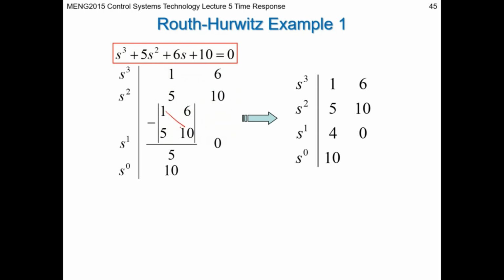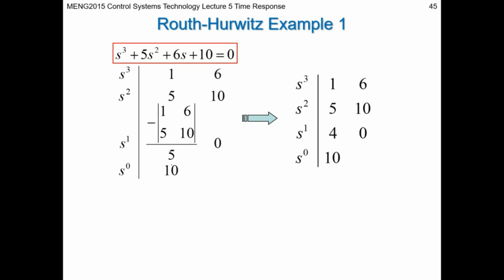So if we multiply this, it's 10 minus 6 times 5, which is 30. That's going to give us minus 20, divided by 5 is 4. But there's a negative sign here, so it's going to end up being 4. So 4 is the value for that term.